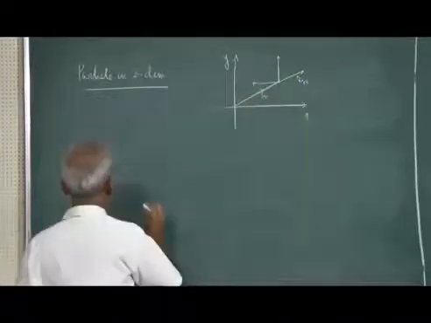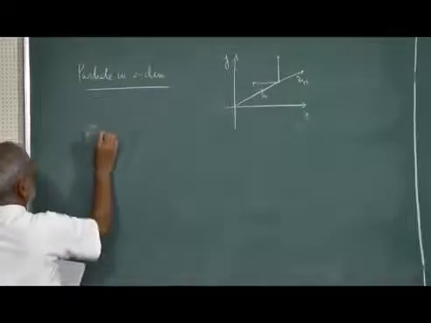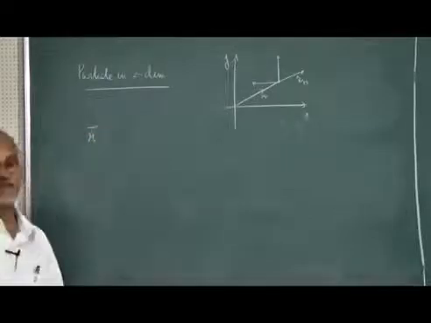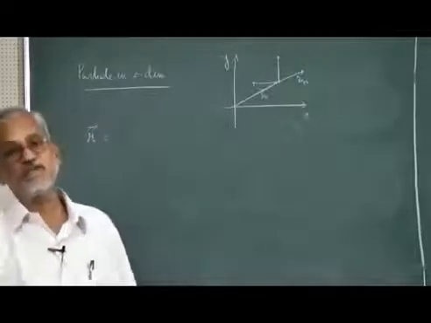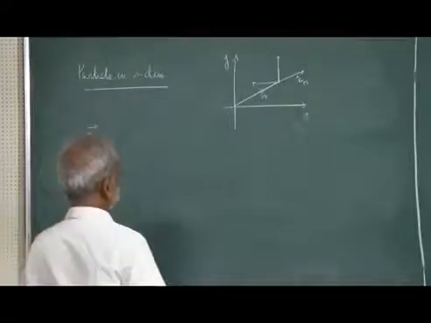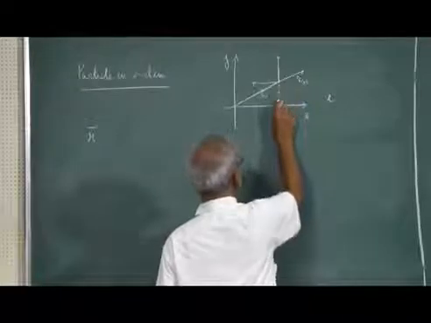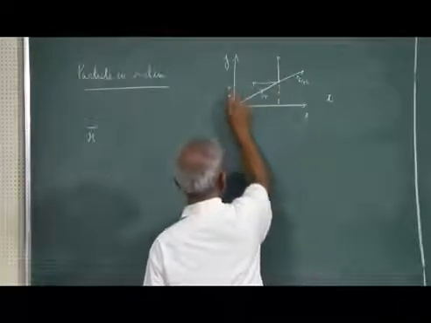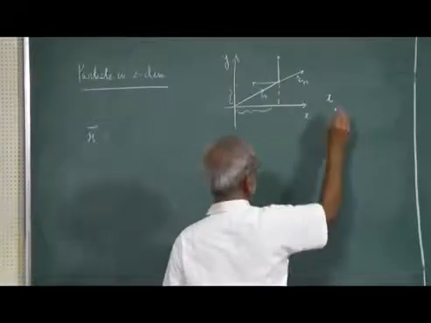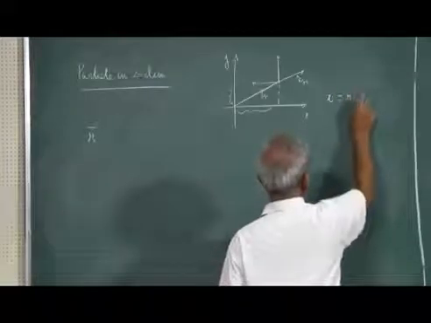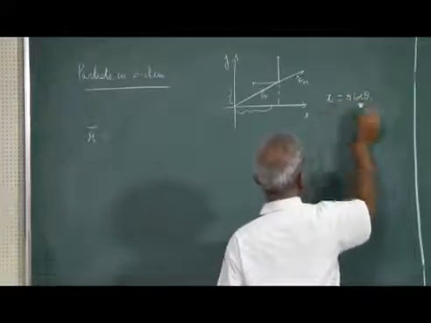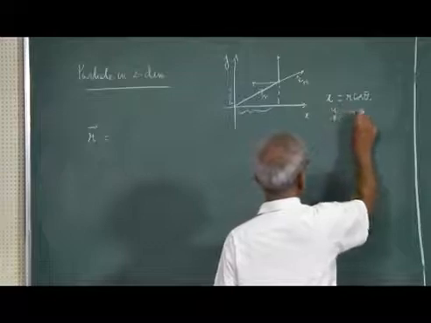And r is equal to, now I am going to use what is called circular polar coordinates, very simple. What is it? x is equal to, the x coordinate when I drop the perpendicular here, is r cos theta, whereas y is r sin theta.